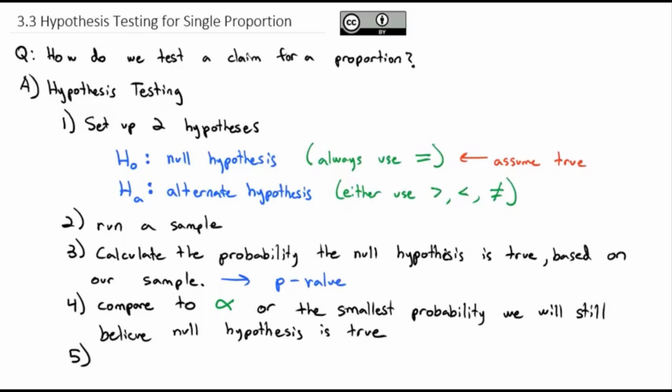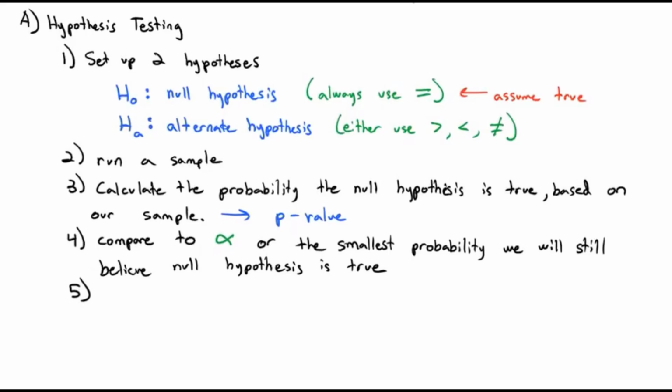So step 5 is simply to either reject the null hypothesis, and we do that if the p-value is less than alpha, because the probability was too small to still believe the null hypothesis.